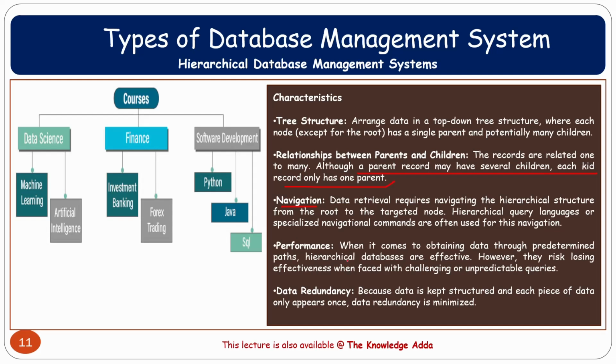When we talk about performance, when it comes to obtaining data through the predefined path, hierarchical databases are effective. However, they risk losing effectiveness when faced with challenging or unpredictable queries. Due to predefined paths, sometimes it is very easy to access the data.